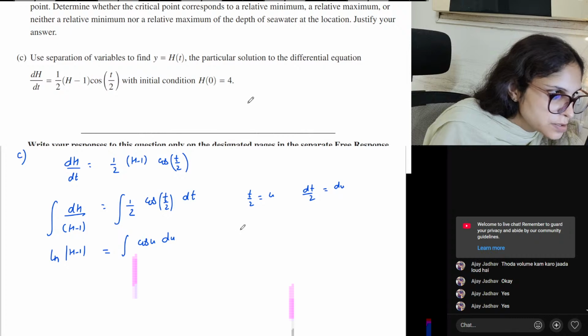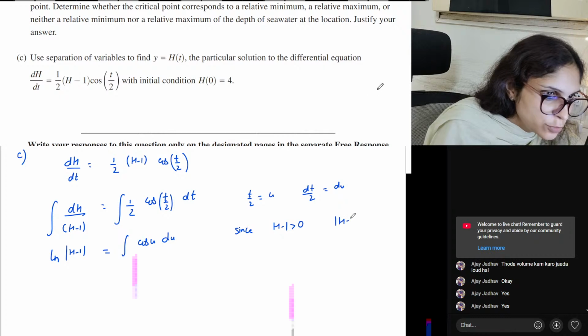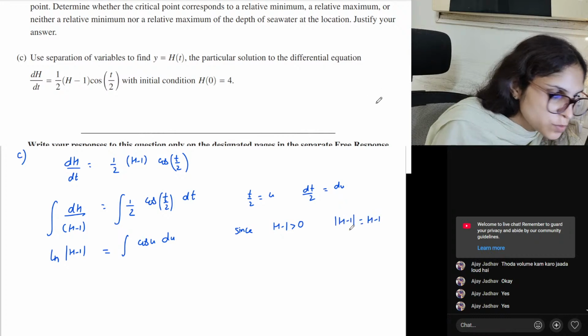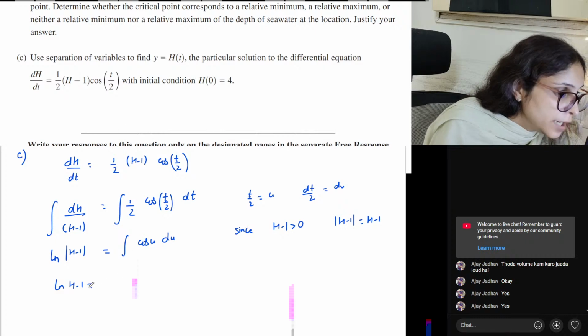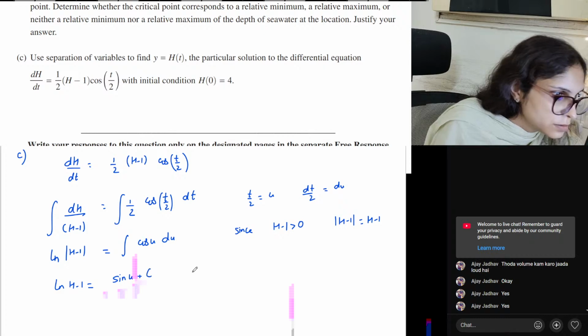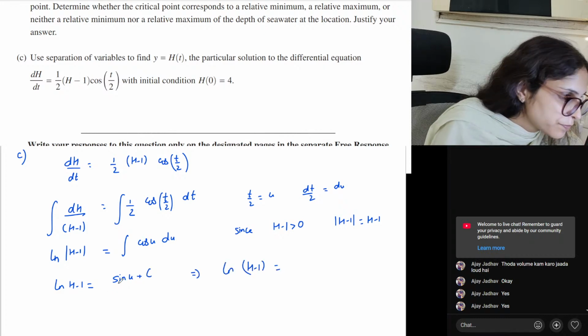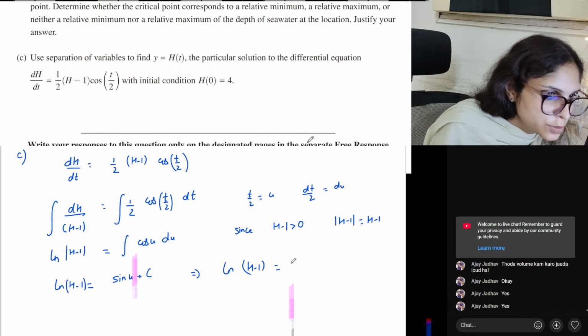Since h minus 1 is positive, the absolute value of h minus 1 is just going to be h minus 1. So ln (h minus 1) is, because the integration of cosine is sine, sine u plus c. So ln (h minus 1) is equal to sine t over 2 plus c.